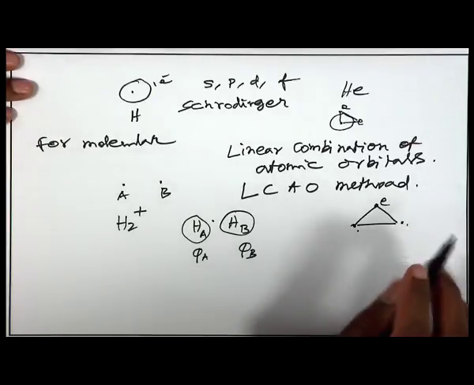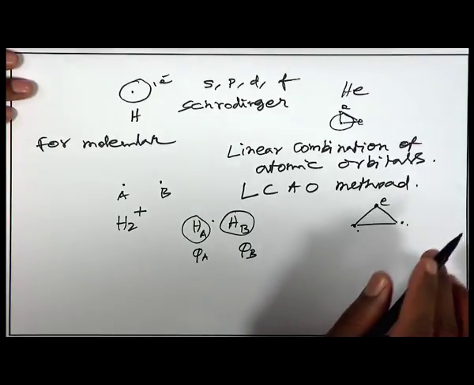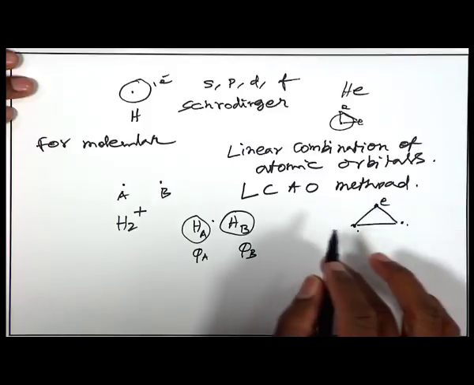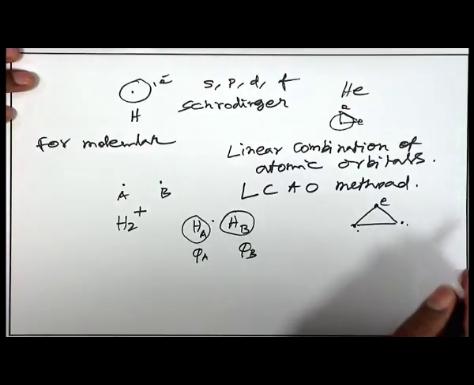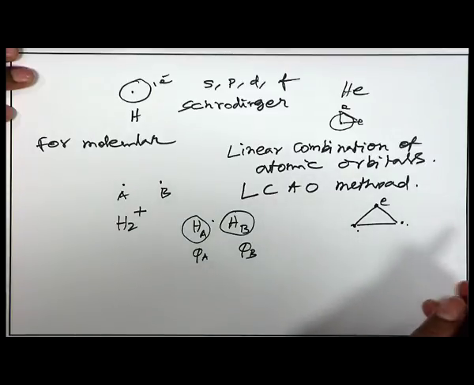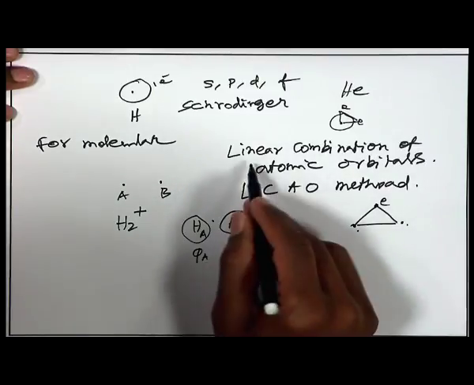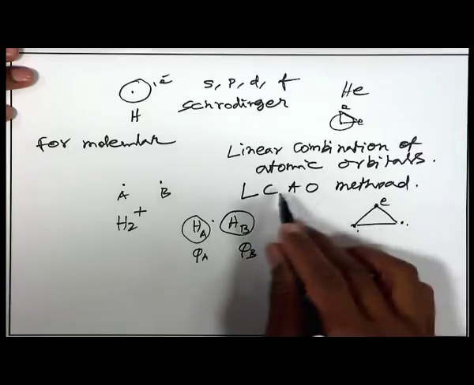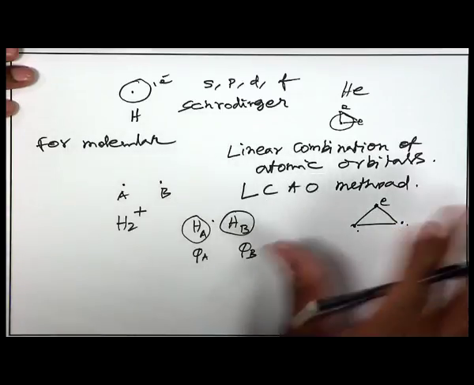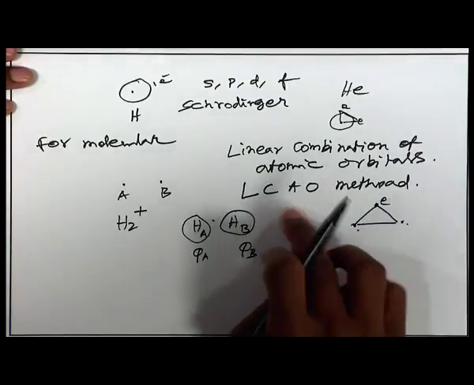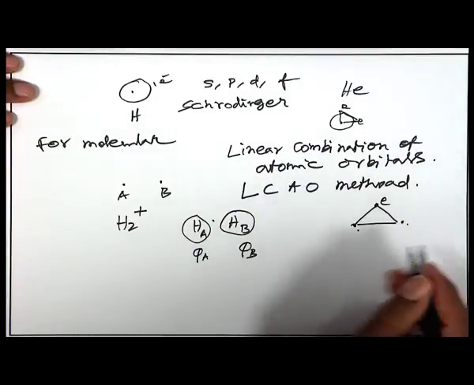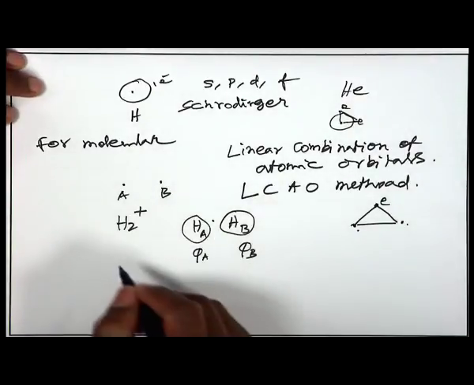So, that is the reason we must go for an approximate method that will be very close to the exact values. That approximate method is the linear combination of atomic orbitals. The basic idea behind it can be explained using this prototype molecule.